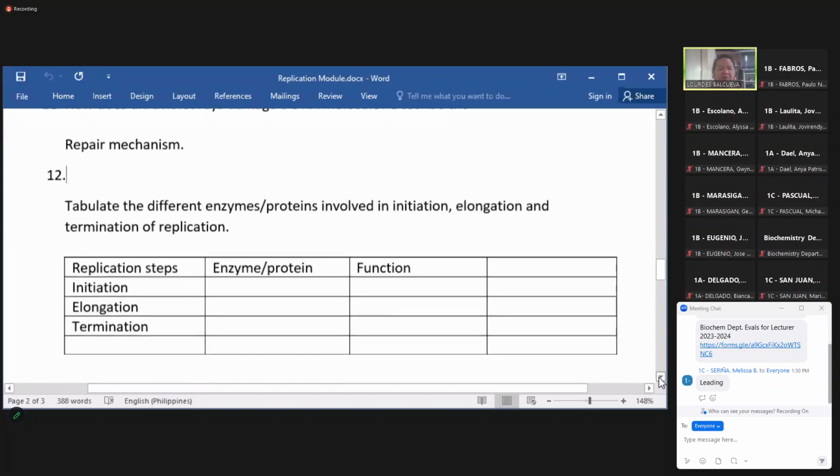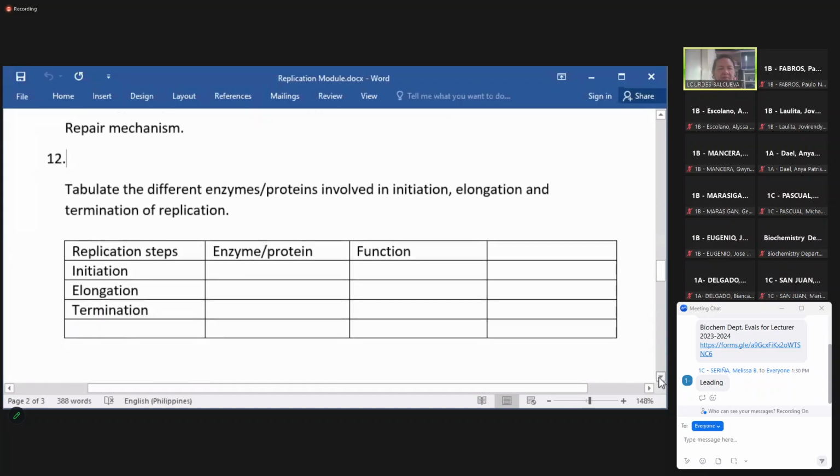And the number 12, tabulate the different enzymes involved in initiation, elongation, termination. Who will give me one enzyme or kahit na dalawa for the initiation? Doc, helicase po. Helicase, please, in eukaryotes. Ano pangalan niya sa eukaryote?